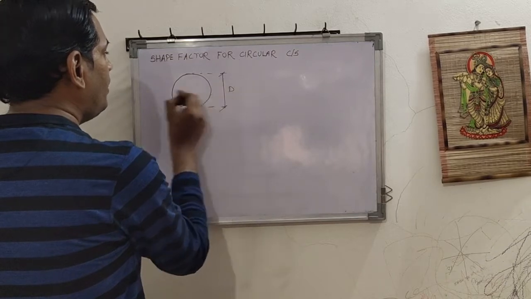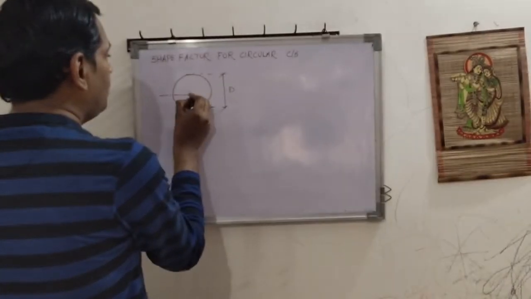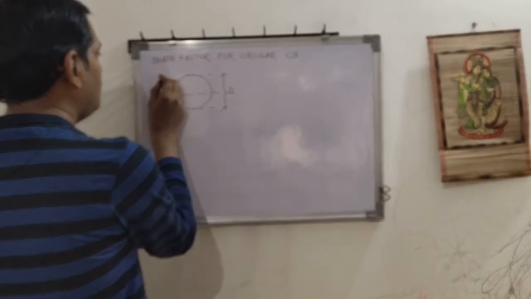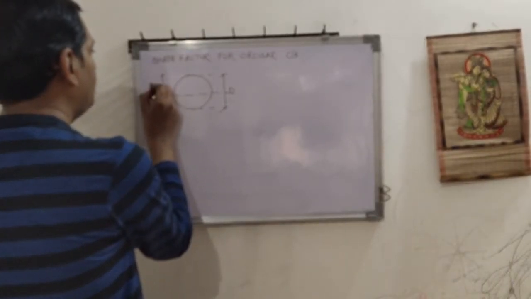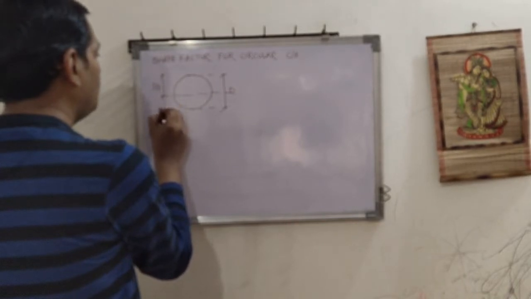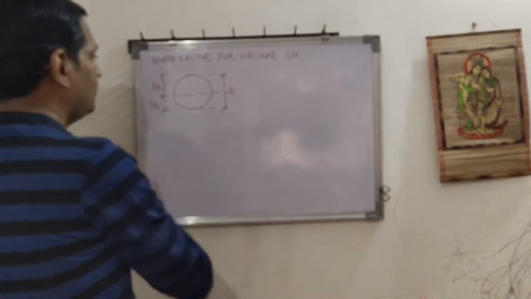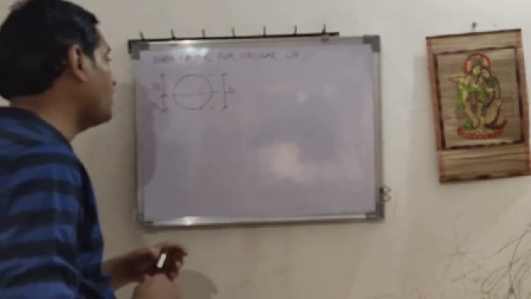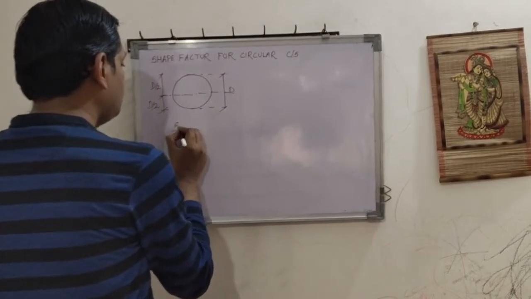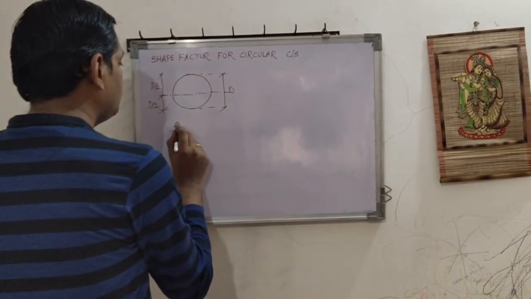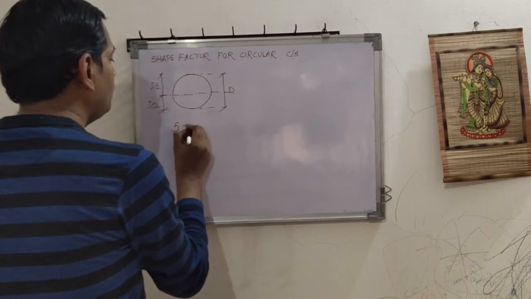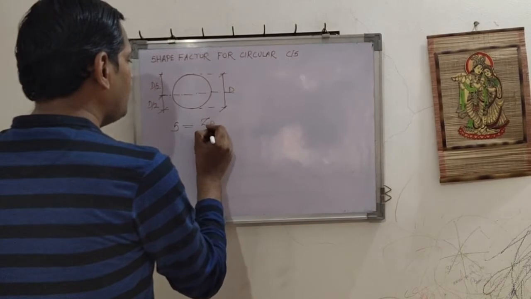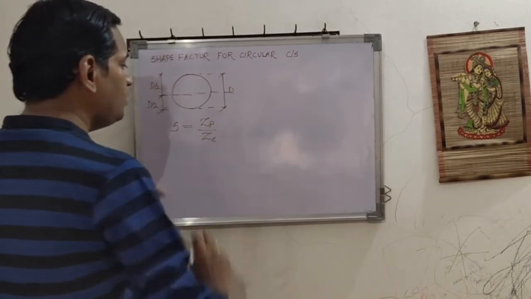Since the section is symmetric, the elastic neutral axis will coincide with the plastic neutral axis. So this is d by 2. Now as per the definition from yesterday's session, shape factor S is equal to plastic section modulus ZP divided by elastic section modulus ZE.